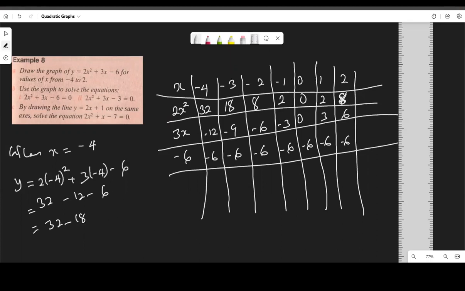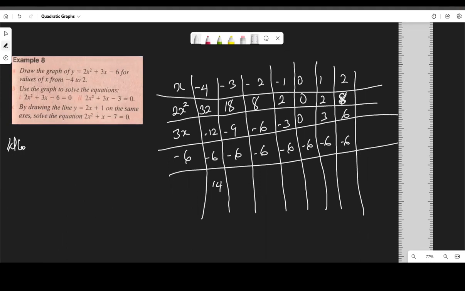When x is equal to negative 3, y will be 2 times negative 3 squared plus 3 times negative 3 minus 6. Negative 3 squared is 9. 9 times this is 18. 18 minus 9 minus 6, which is 18 minus 15. 18 minus 15 is 3.